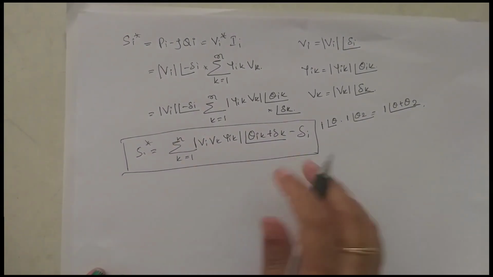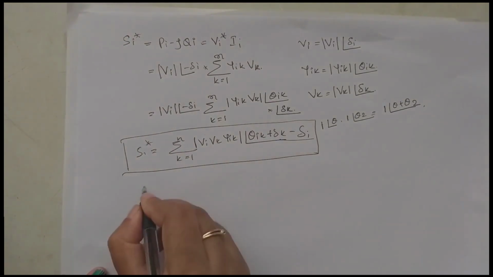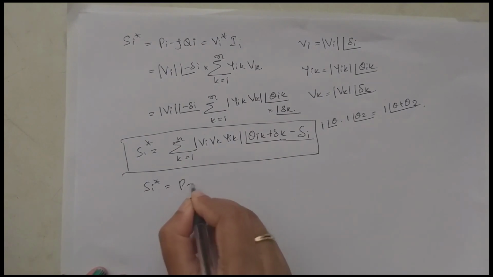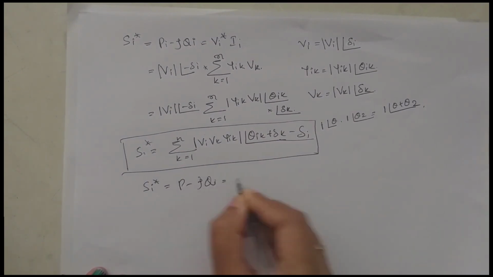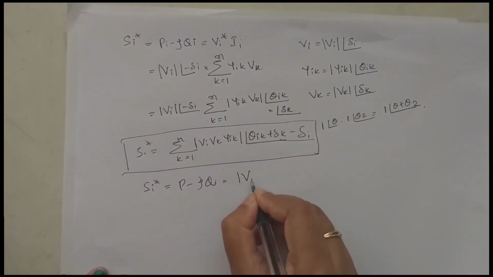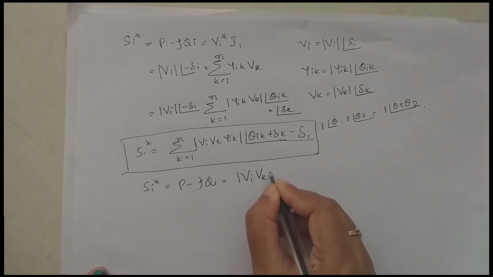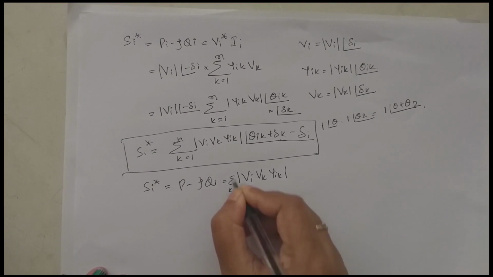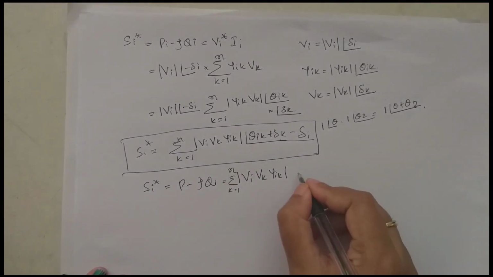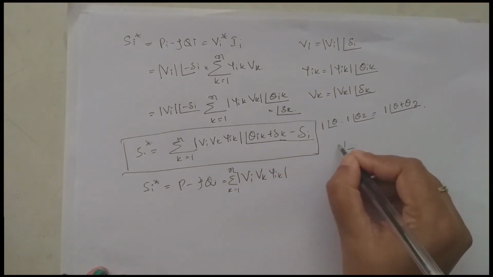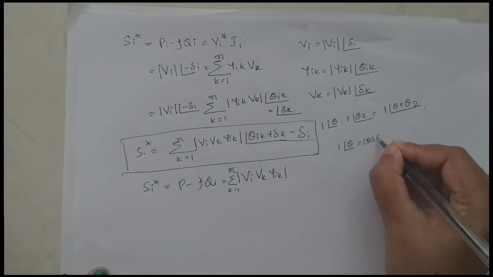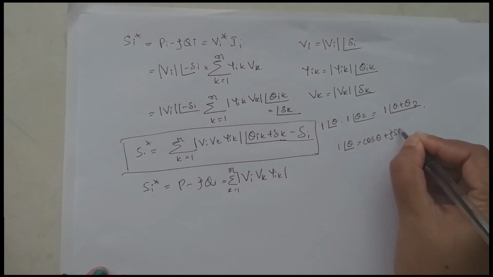So when we expand it, Si conjugate, which is equal to P minus jQi, is equal to the summation, k varying from 1 to n, of Vi Vk Yik. 1 at an angle theta can be represented as cos theta plus j sin theta.